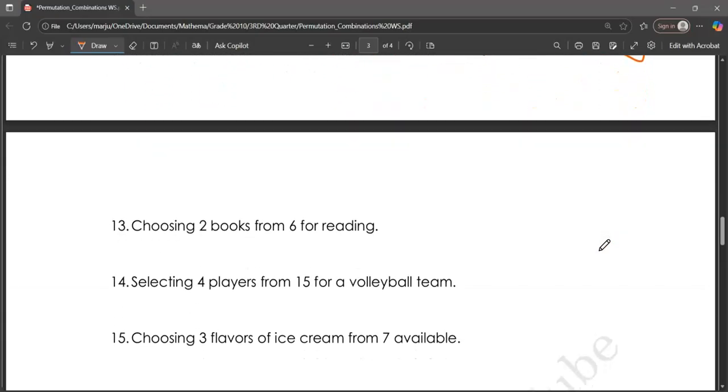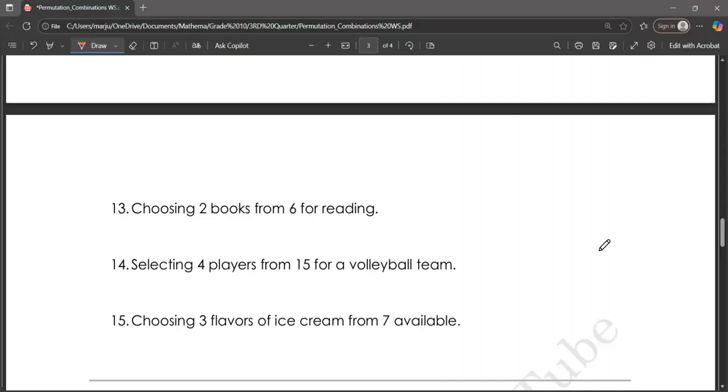Number 13, choosing 2 books from 6 for reading. So again, this is 6, choose 2. This is 6 factorial over 2 factorial 4 factorial. And again, you don't need to remember the formula. All you have to do when you're doing combination is make sure that the numbers in the denominator add up to 6.